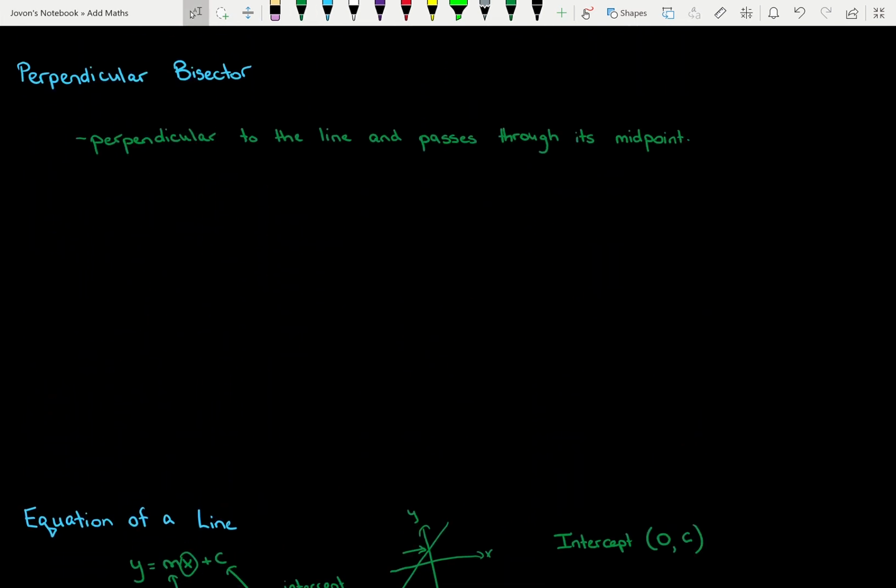So for this one, let's say I tell you to find the midpoint. In this question, what it normally asks you is to find the perpendicular bisector, which is basically the equation of the line which is perpendicular and passes through the midpoint. So using our same example as before, 1 comma 4 and 4 comma 8, we found the gradient and the midpoint already from before.